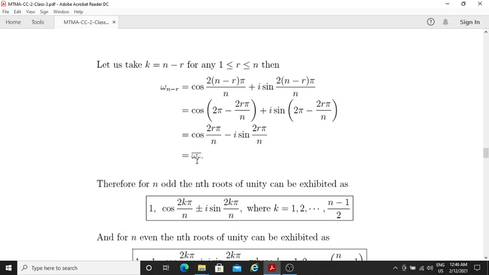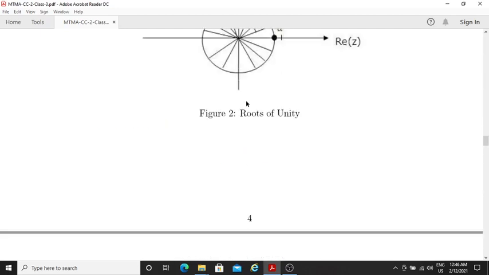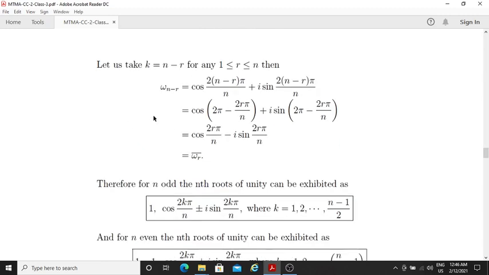Now omega r is also a root because r is lying between 1 and n. All right, I have made a mistake over here. You have to omit n, so that's a mistake I made. I'm sorry about that. r is not supposed to go to n, so we are not talking about the real root, we are talking about the purely imaginary roots of 1.